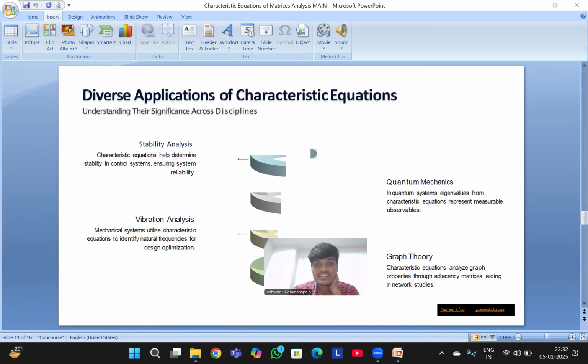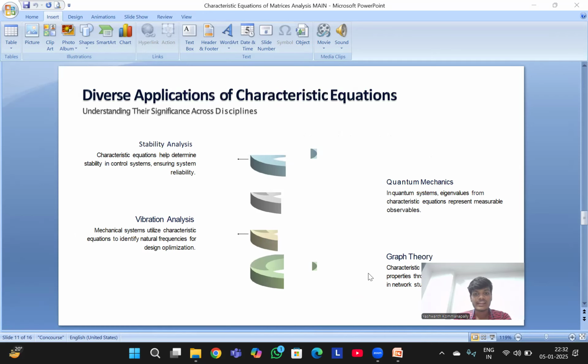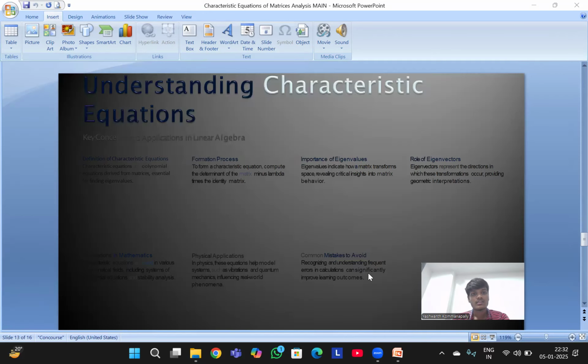Next, quantum mechanics. In quantum mechanics, eigenvalues from characteristic equations represent measurable observables. Graph theory. Characteristic equations analyze graph properties through adjacency matrices, aiding in network studies. Then we go to another slide.